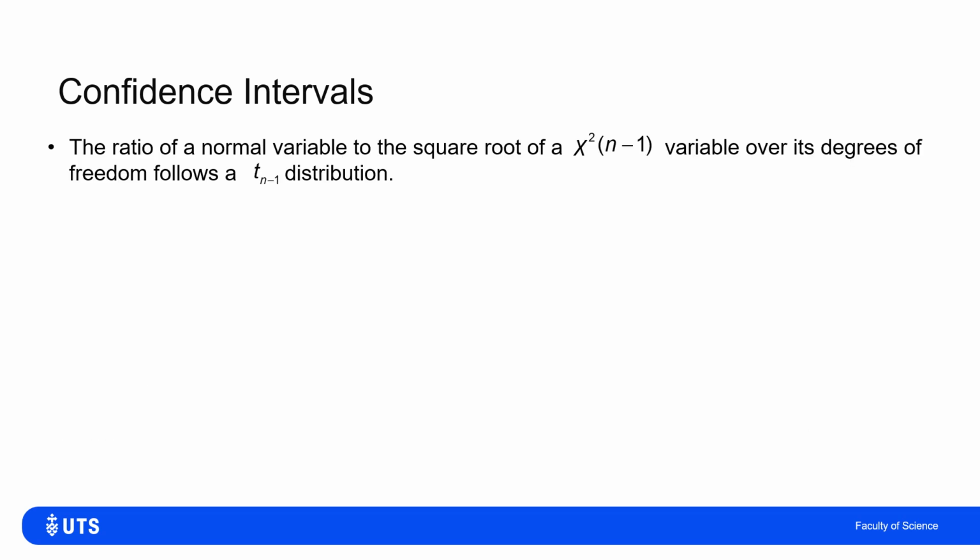We've already seen that the ratio of a standard normal to the square root of a chi-squared n minus 1 variable divided by its own degrees of freedom is a t variable with n minus 1 degrees of freedom.